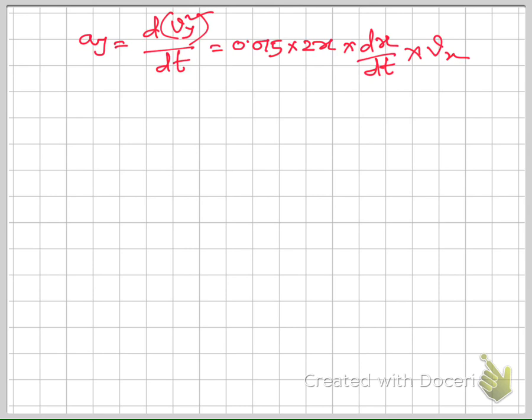Similarly, on the second part, we will have 0.015 x square, and if we take the derivative of vx, it will be vx, dvx dt.